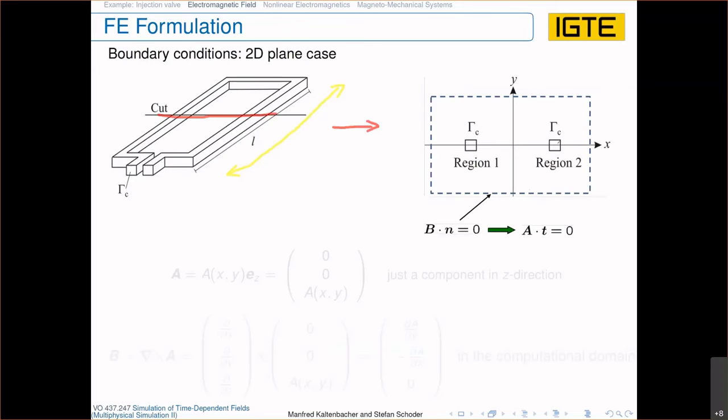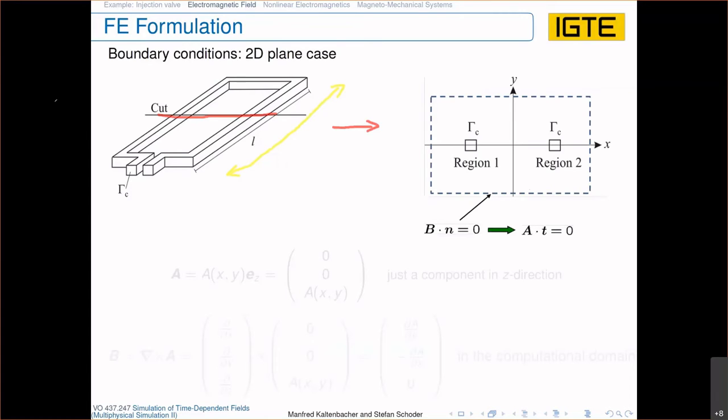So clearly, if you do the computation here for this 2D problem, then on this cross section we could just use this outer boundary where we know B dot n is equal to 0, or on the other hand, A dot t is equal to 0.